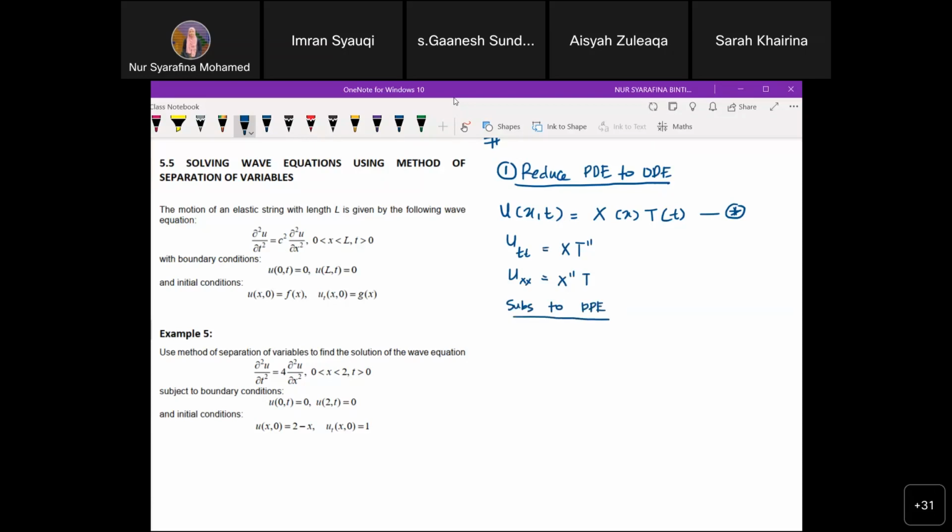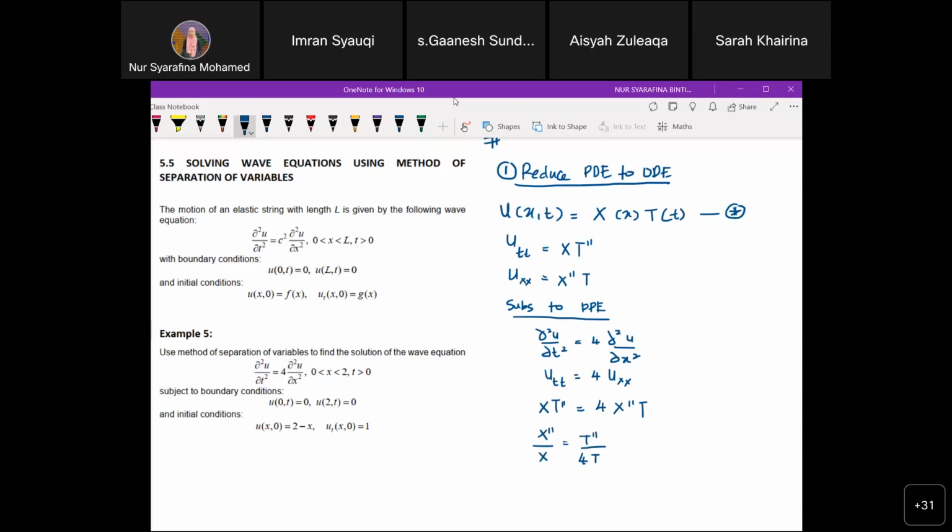So you have del squared U over del T squared, so this one is UTT for UXX. So UTT is X T double prime for X double prime T. Rearranging, you have X double prime over X equals T double prime over 4T.